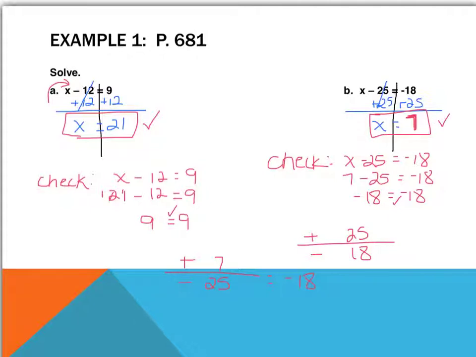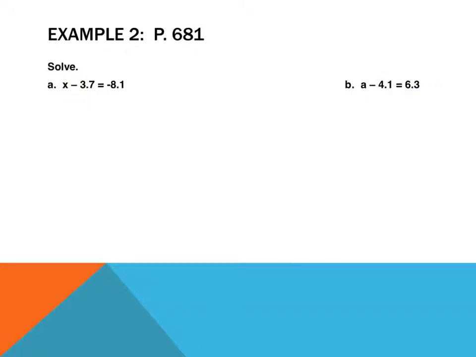On example 2, we're going to continue solving equations. The same method, so we'll start by drawing my balance line. X minus 3.7 equals negative 8.1, so we'll add 3.7 to both sides.